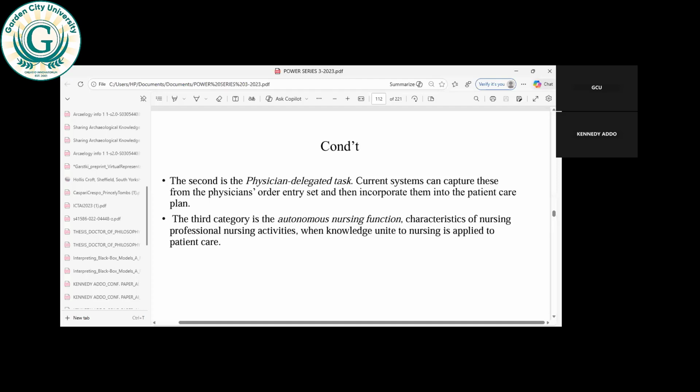So let me just pause here and ask you a question. The work that we do, even though there could be some overlapping roles, do we see ourselves more in delegation, or do we function independently in terms of autonomy? Is the question quite clear to you?